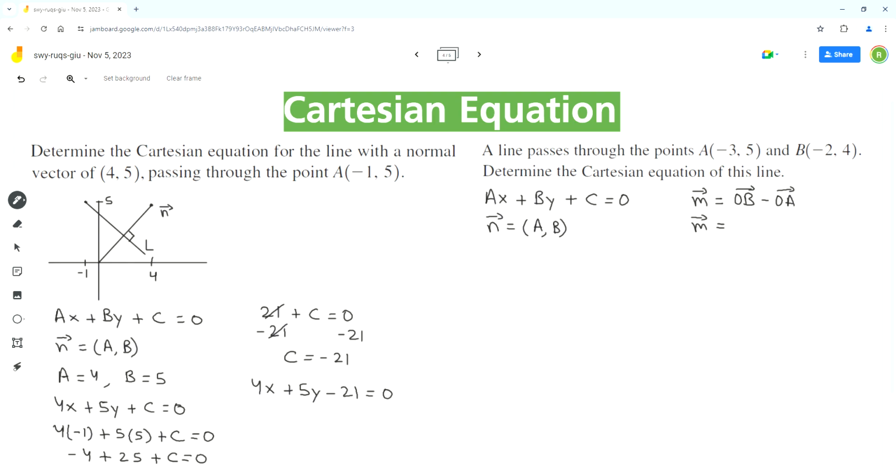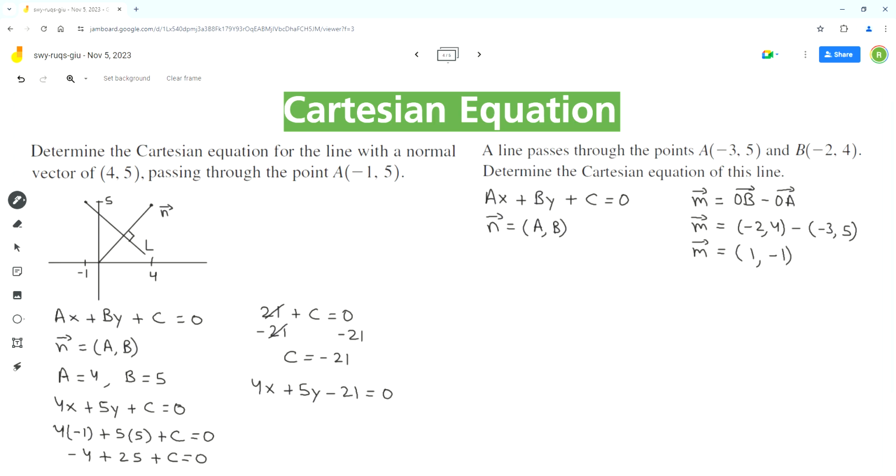So we can use point B for position vector OB, point A for position vector OA. Now we can subtract these vectors. So we should subtract their x and y components. Negative 2 minus negative 3 is equivalent to minus 2 plus 3, which is equal to 1. And 4 minus 5 is equal to negative 1. This is the direction vector of this line.